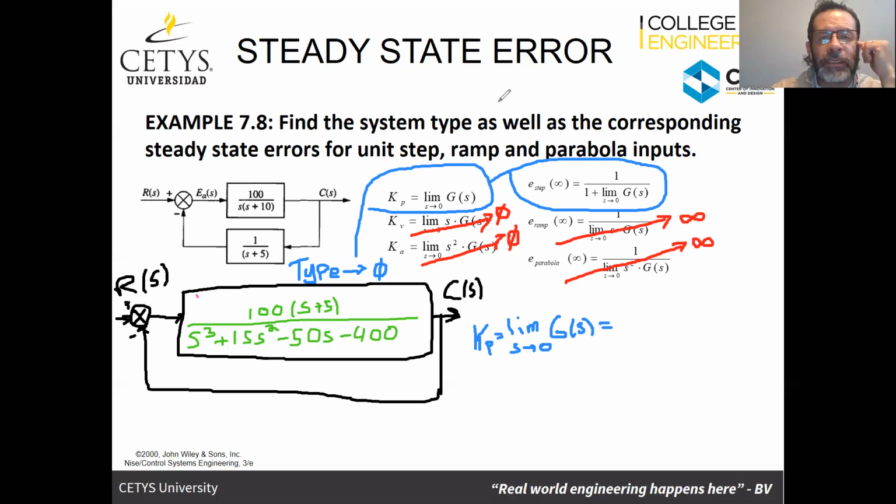If I look at the transfer function, if I make s 0 here, this one's going to be eliminated, this one, and this one. And I'm just going to be left with 5 times 100, which is 500, divided by minus 400.